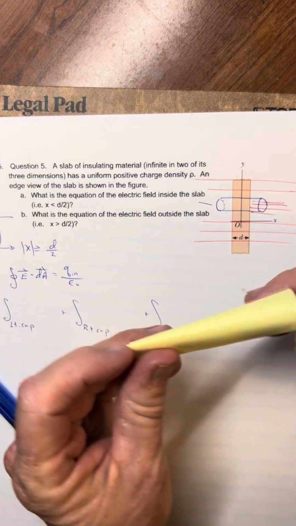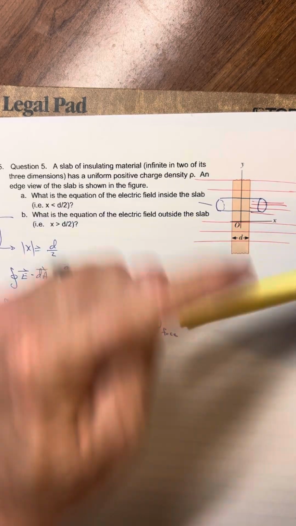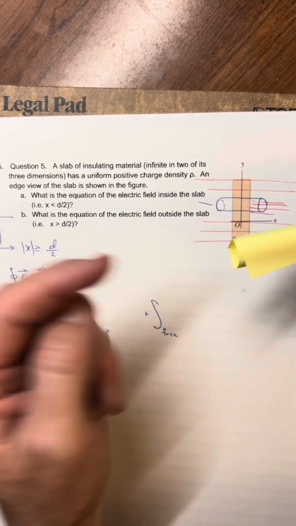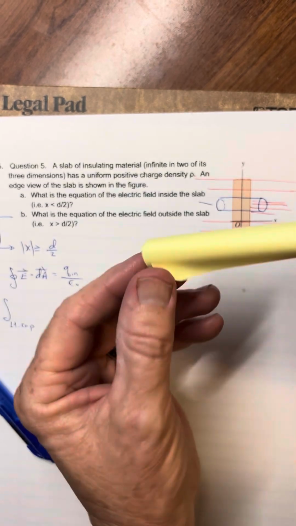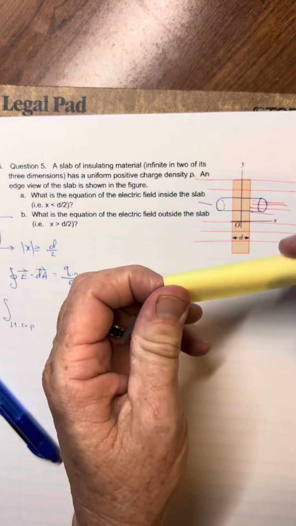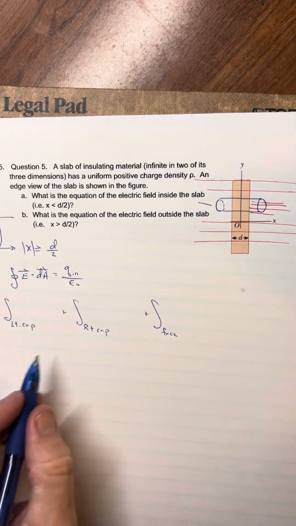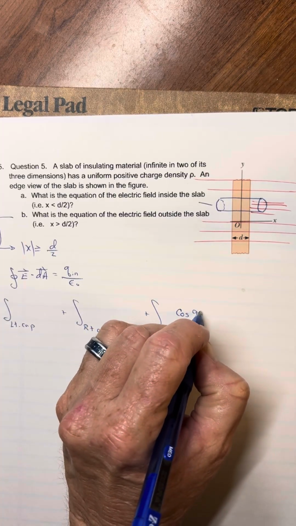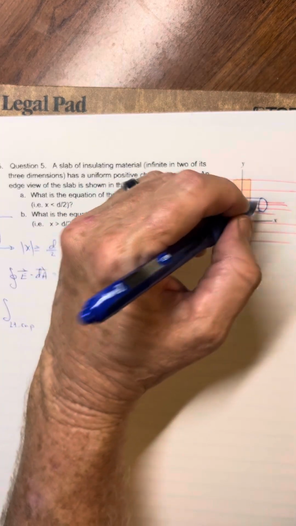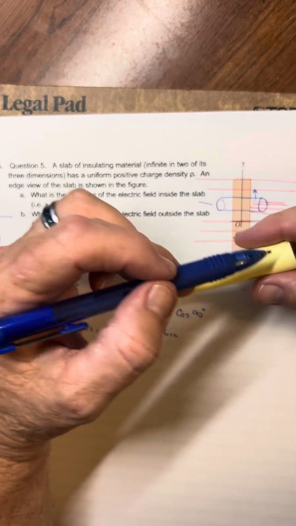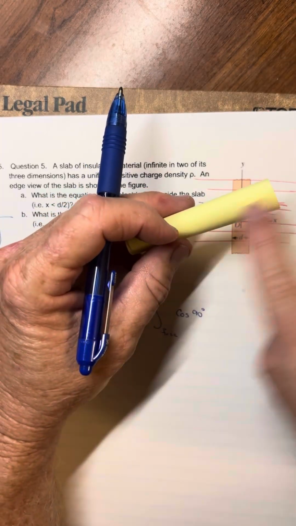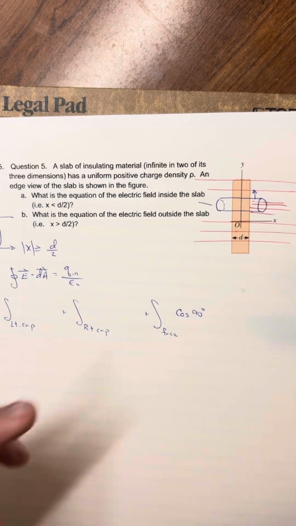But if I'm doing a closed surface like this where the paper is actually what I'll call the face, and then there's a cap over here and a cap over here to be completely closed. But the thing about the face is we're going to get cosine of 90 degrees because the normal vector would be pointing outward around this thing, and the electric field is going to be along its axis of symmetry.